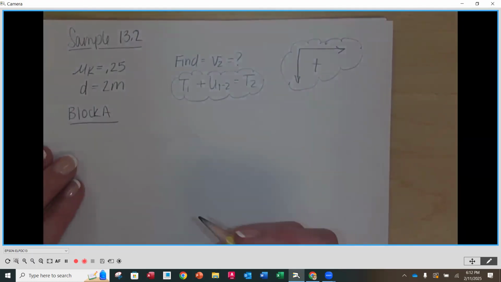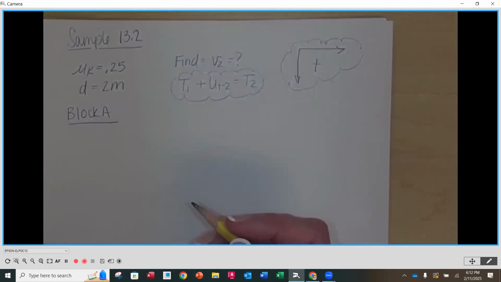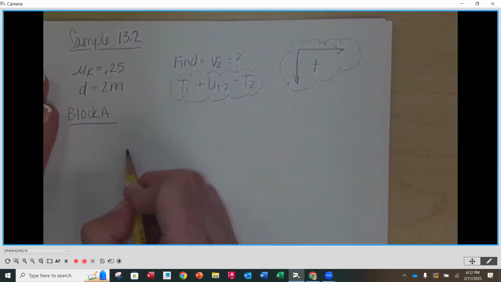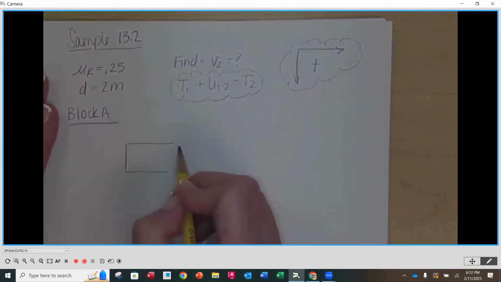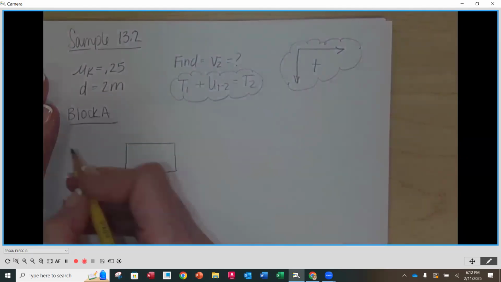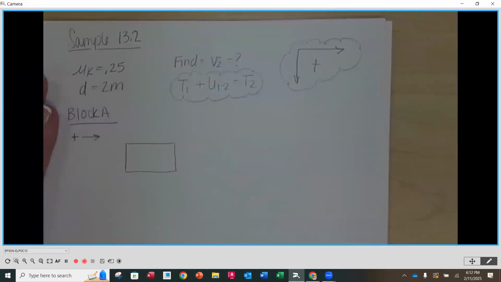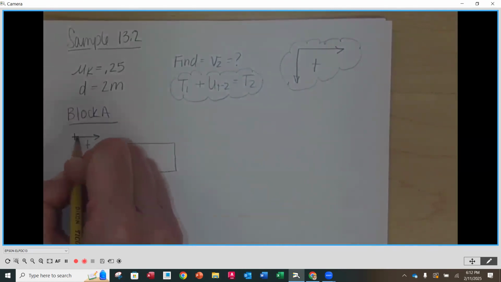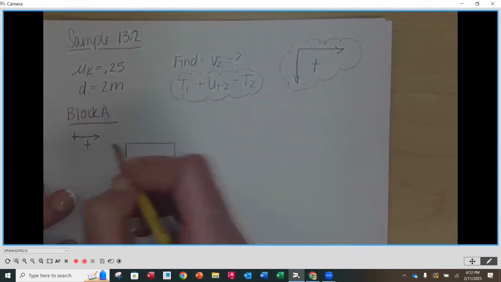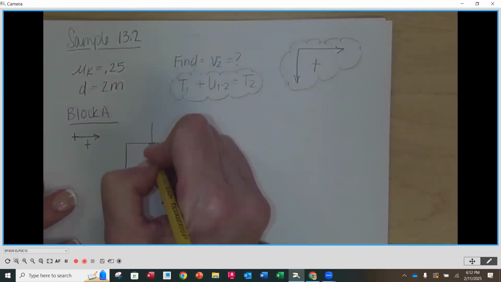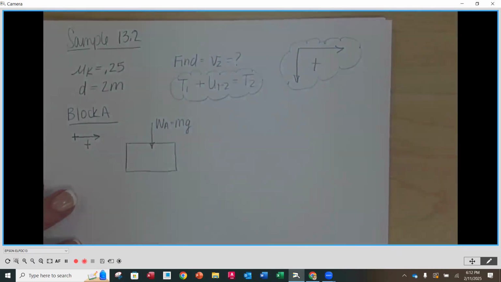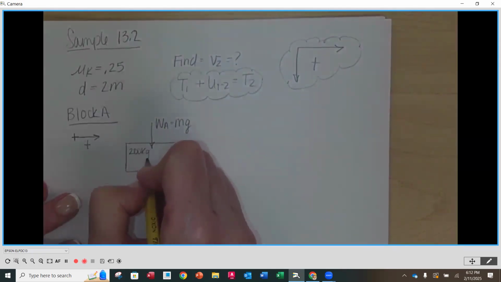All right, so block A. Let's first draw our blocks. So we're going to have block A. This is going to be position number 1, and this is going to have a positive direction going to the right. The weight of block A is M times G. We know that it is 200 kilograms.